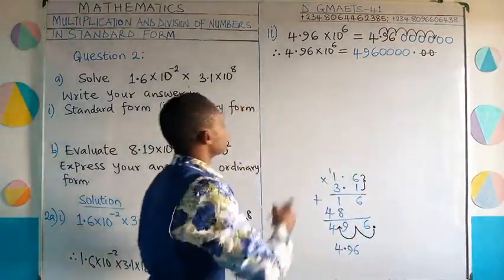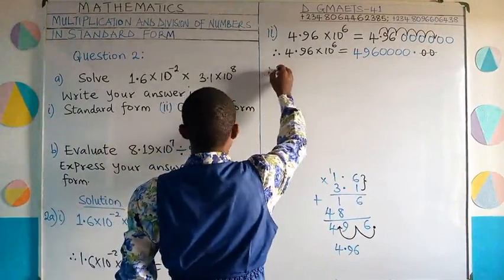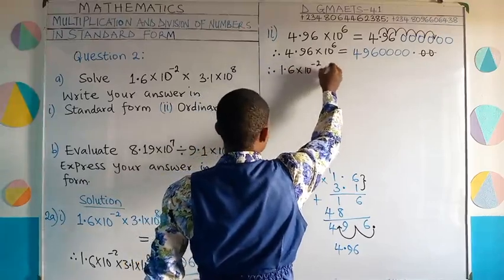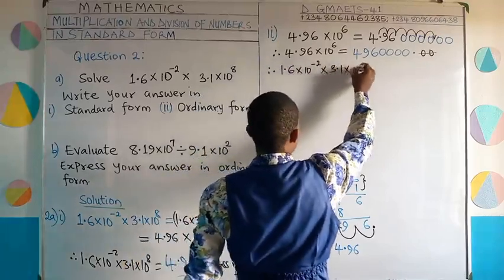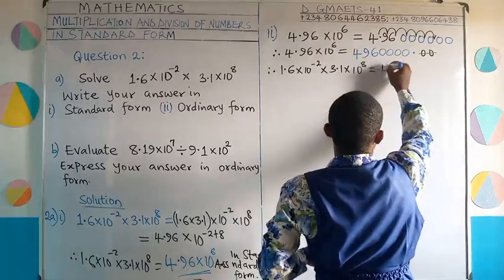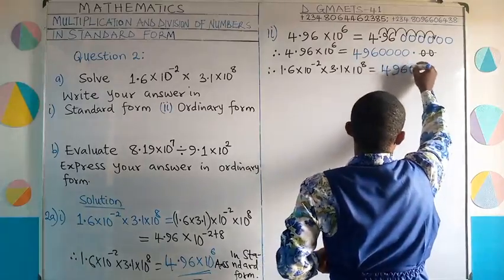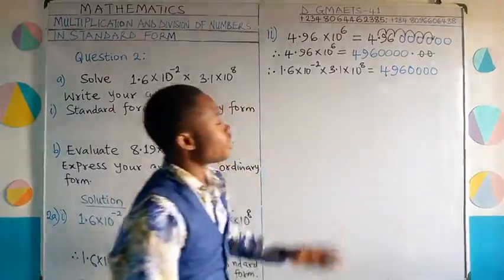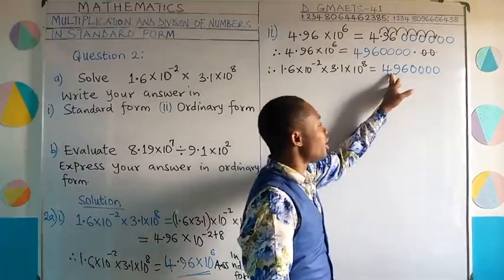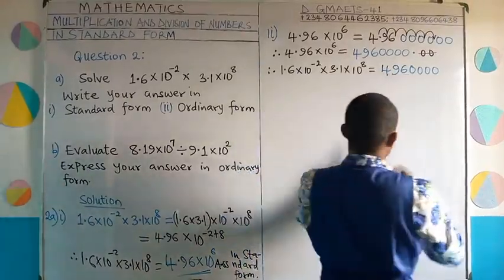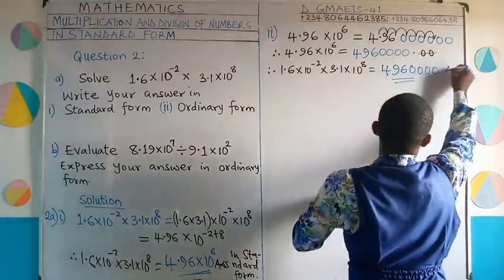You cancel them off. In conclusion, therefore, the number given to us, 1.6 times 10 to the power minus 2 times 3.1 times 10 to the power 8, is equal to 496 and 1, 2, 3, 4 zeros, okay? And this, of course, you know, is 4,960,000 in ordinary form. Answer.